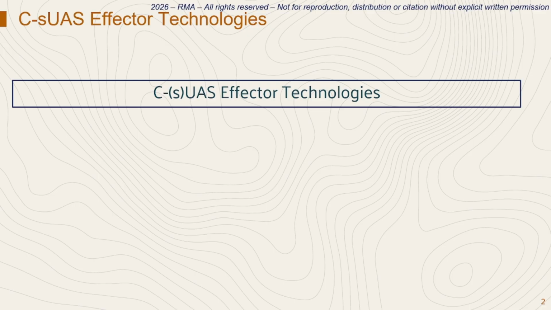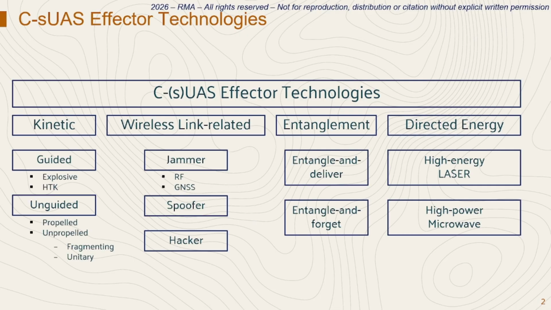So let's start by looking at the broader counter SUS landscape. When we talk about neutralizing a drone, we generally categorize effectors into four main families. First, we have the kinetic effectors, which we can divide into guided and unguided effectors.